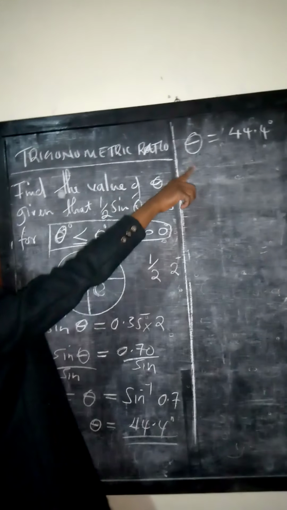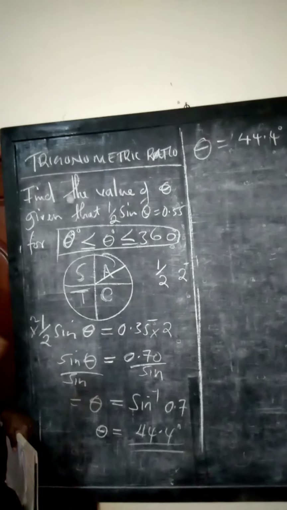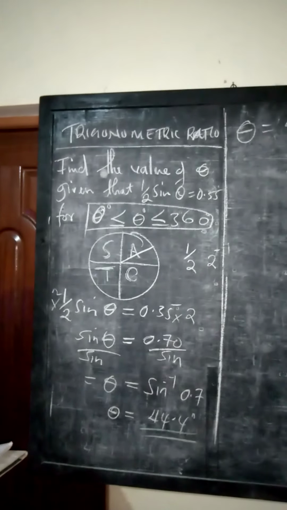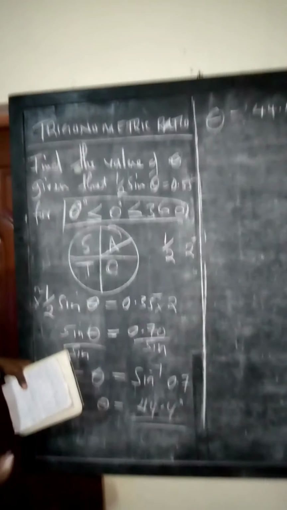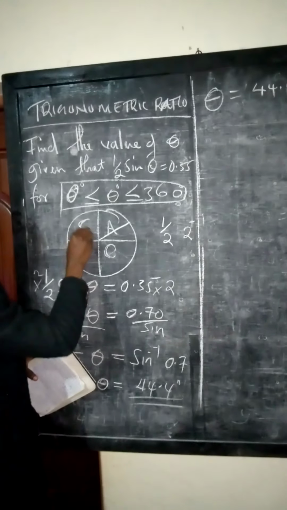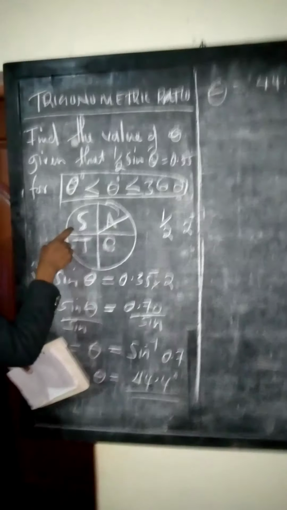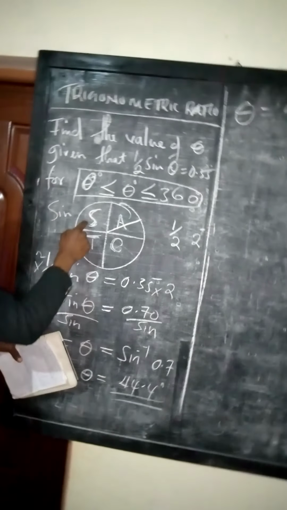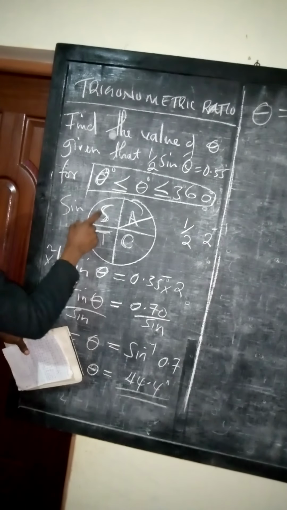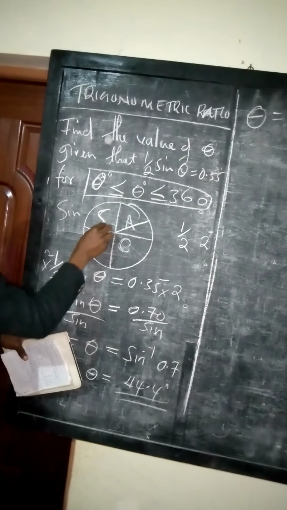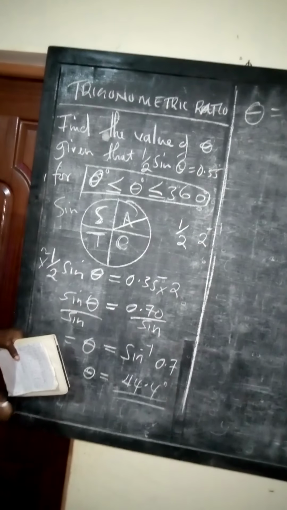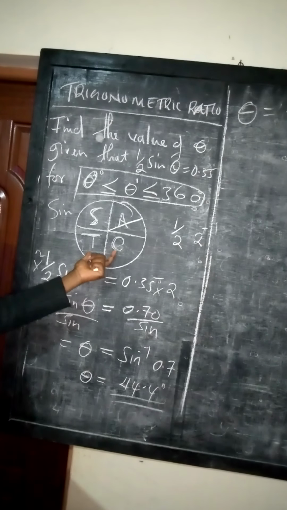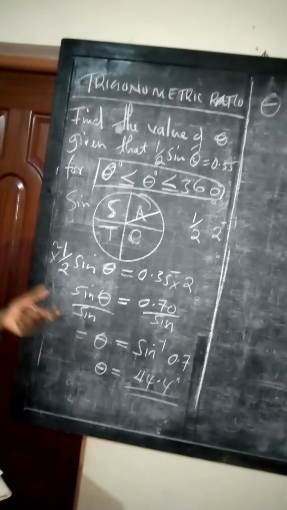So we need to find another angle that is positive, and it should be found in the second quadrant, where sin is positive. Any other place except this one and the first, the sin will be negative, and the angle will be negative.